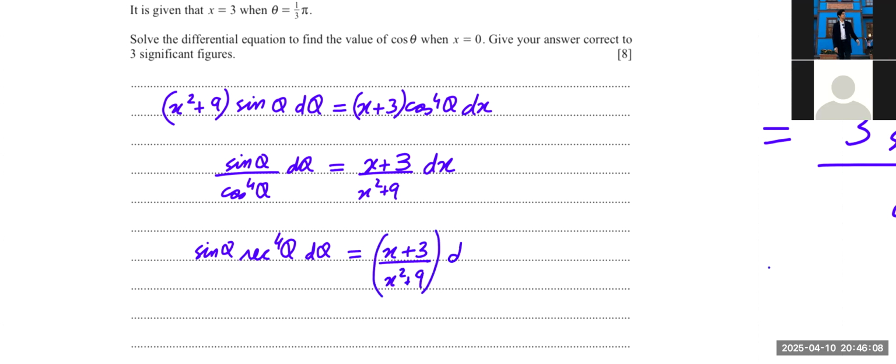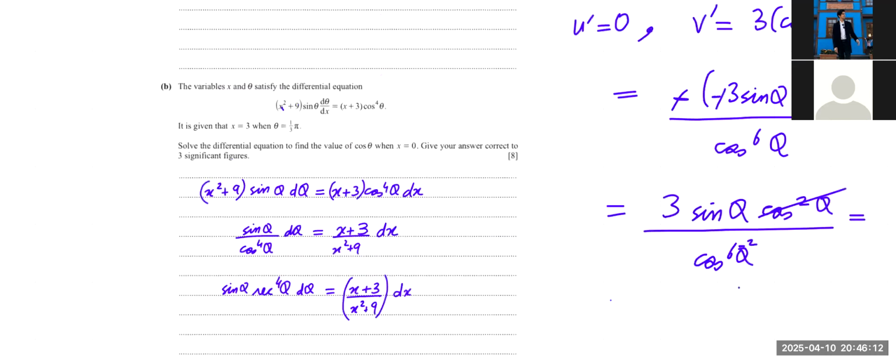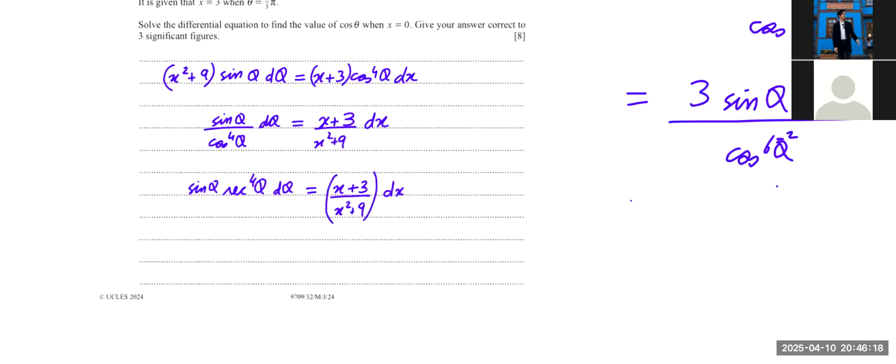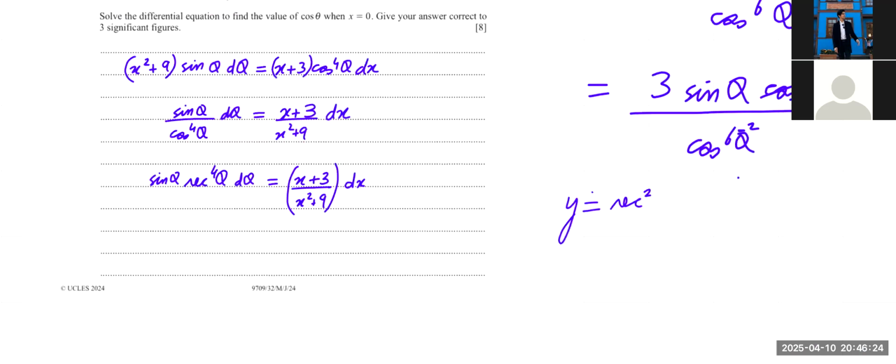Okay, now. So the problem is, look, we know one thing from earlier that if you have y equals, what was it? Secant cube theta, deriving this will give you 3 sine theta secant 4 theta, right?